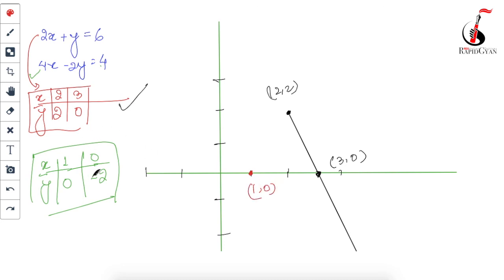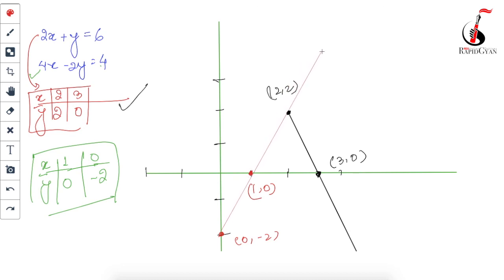Now the next point is 0 comma minus 2, x is 0, y is minus 2, so this point will be your 0 comma minus 2. So let's draw this. Hold on. This is going to be something like this, correct?